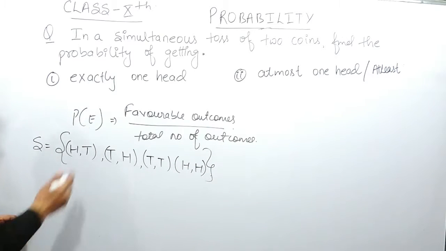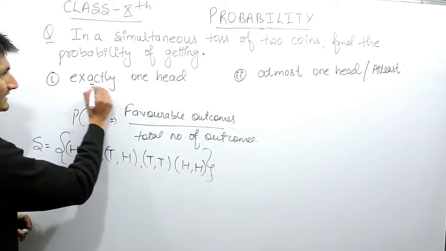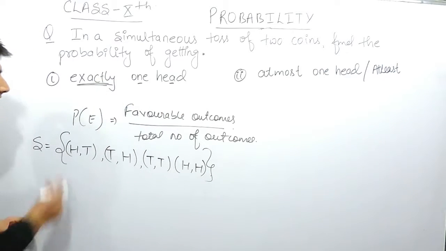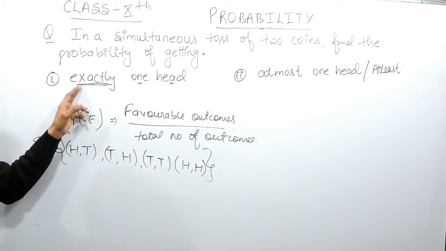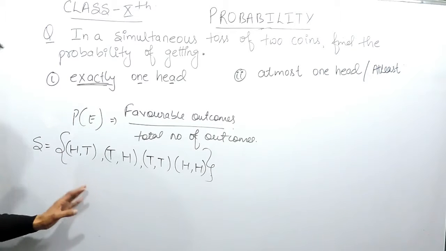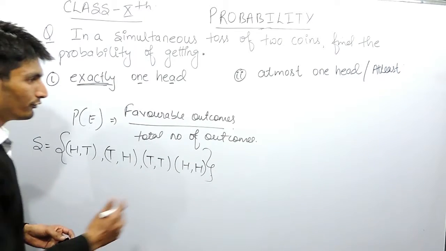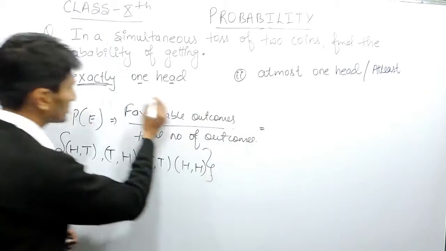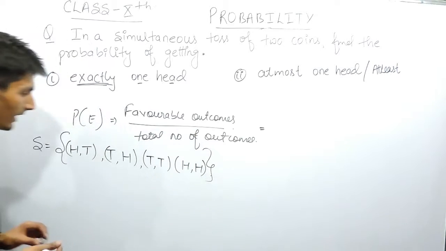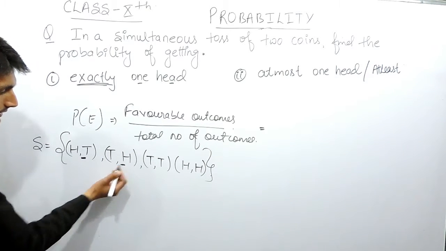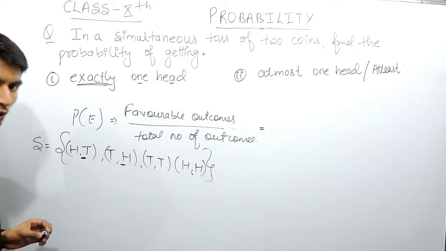In the first case, you have to find the probability for exactly one head. Exactly means you must have one head in that case. So if you want to find the probability for this first case, the favorable outcomes are this and this, because this cannot be included here.